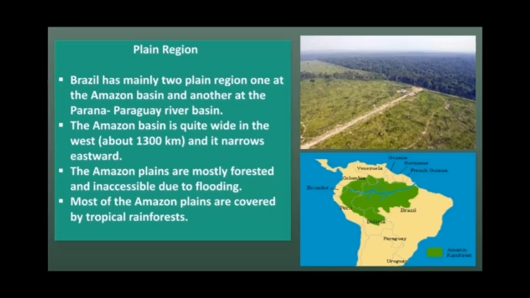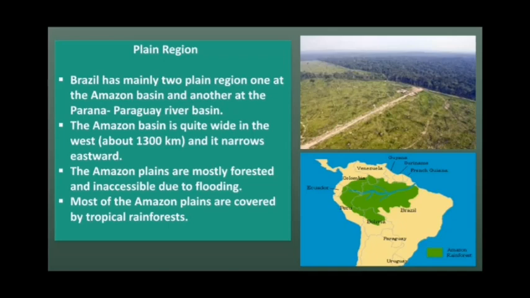Its width is minimum where the Guiana highlands and the Brazilian highlands come closer, up to 240 kilometers. As the river approaches the Atlantic, that is, as the river meets the Atlantic Ocean, the width of the plain increases. These are mostly forested areas.